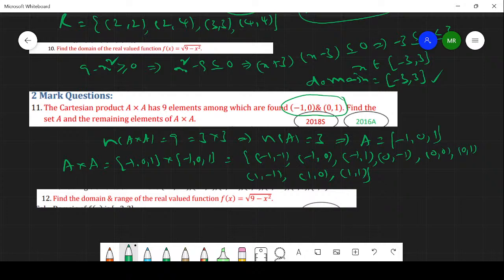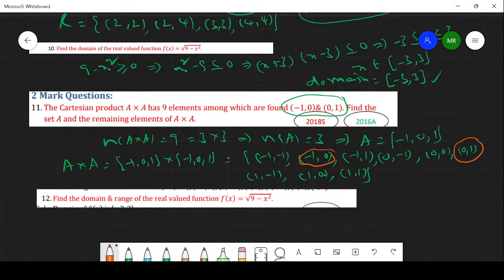I have written everything. From that, you write all except these 2: except minus 1, 0 and 0, 1.